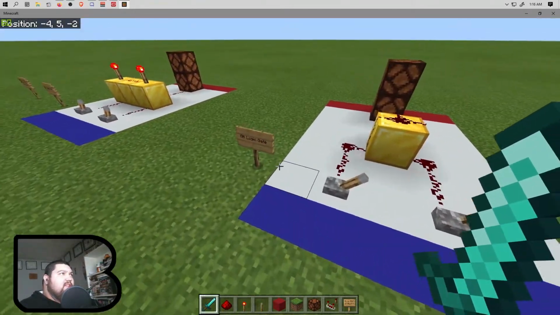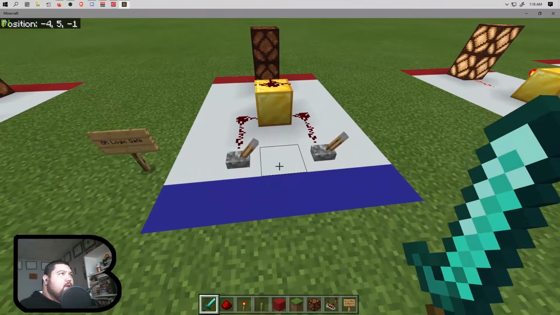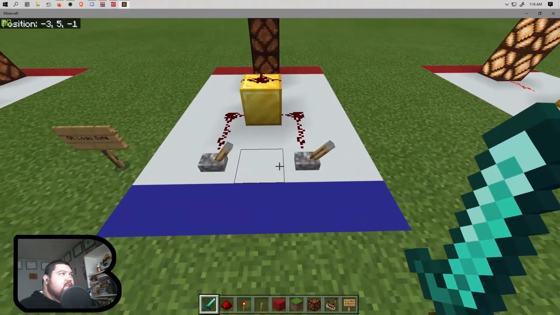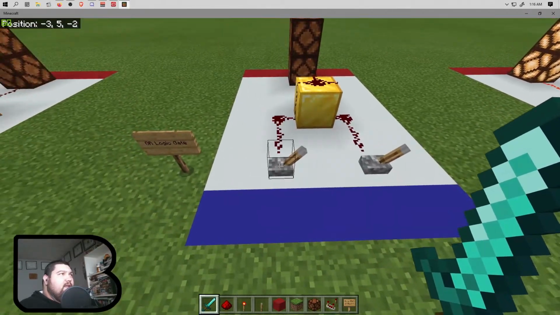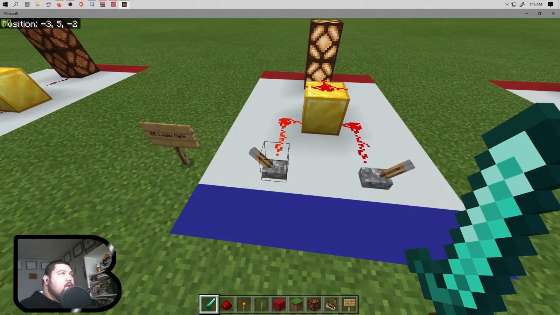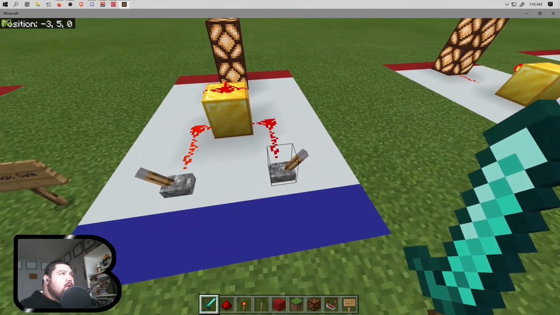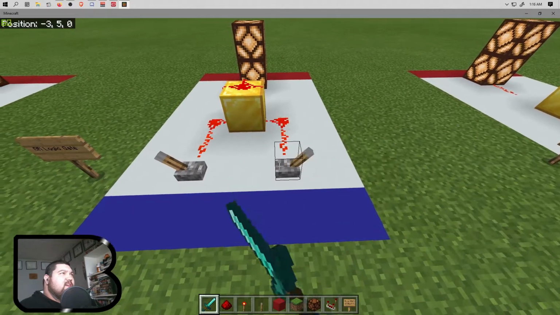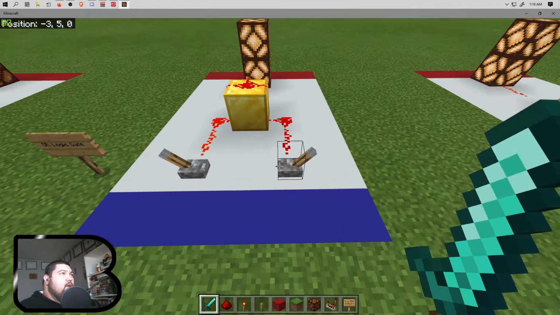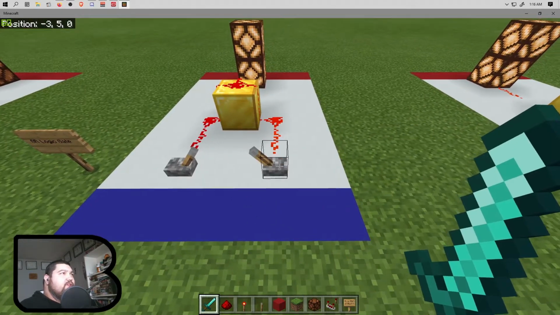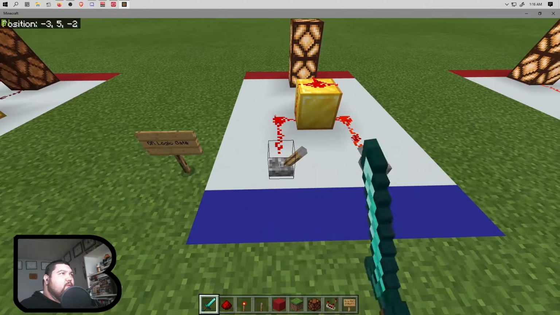The next one is an OR logic gate. Again, inputs, outputs. In an OR logic gate, input 1 can be on and input 2 doesn't necessarily matter, right? We'll put them back to off. Input 2 is on, and then input 1 doesn't matter, right?